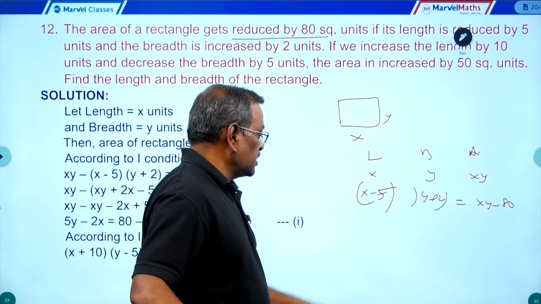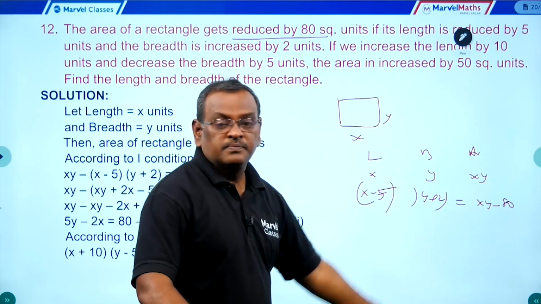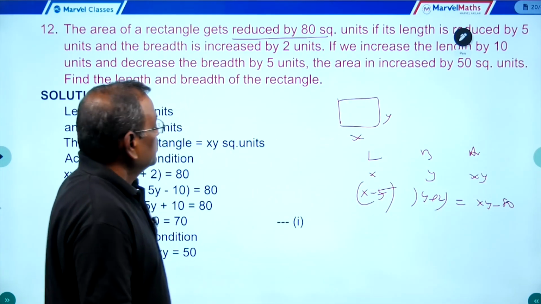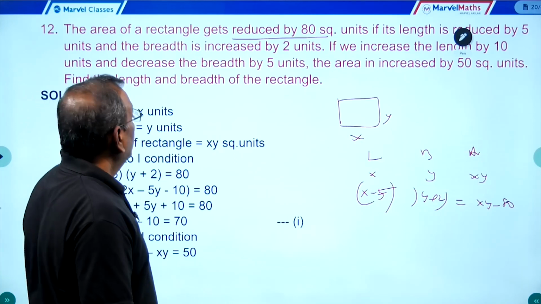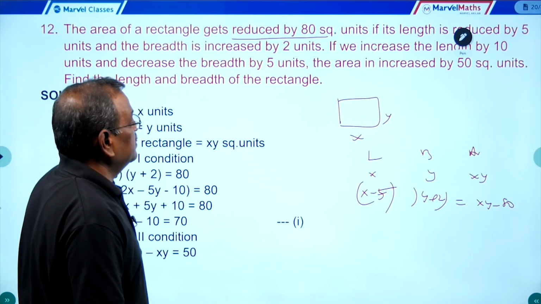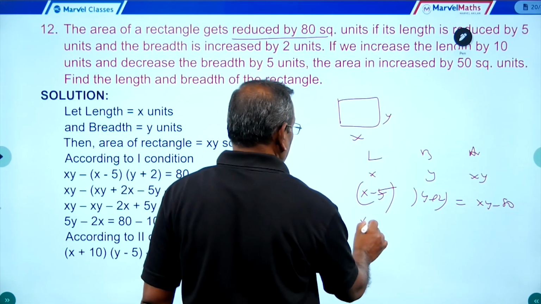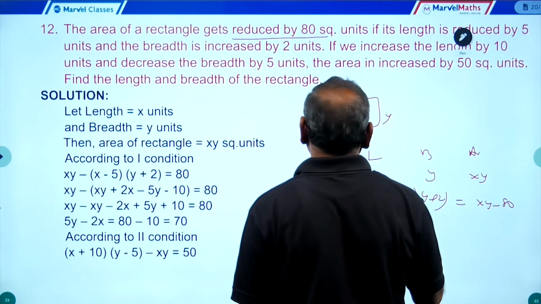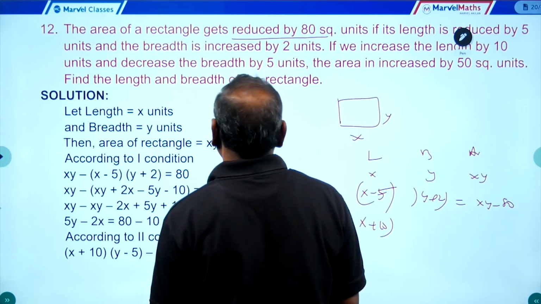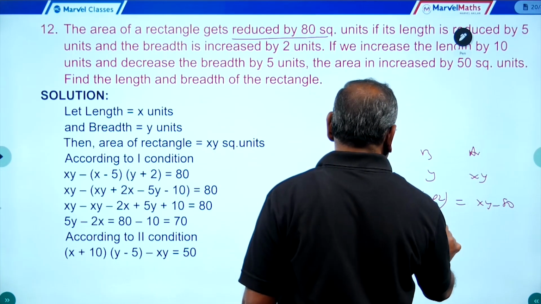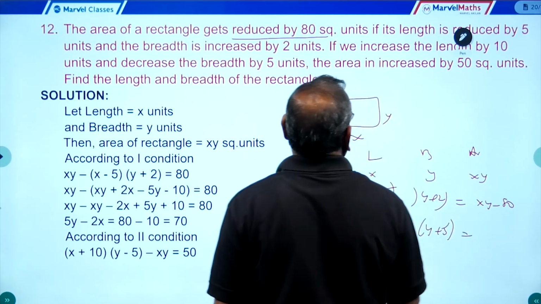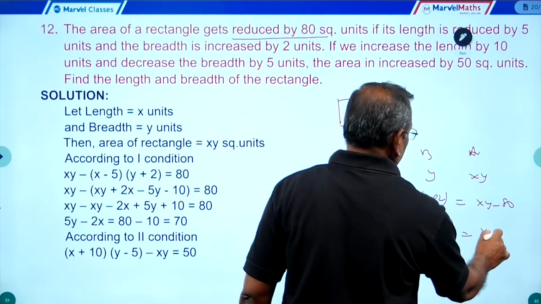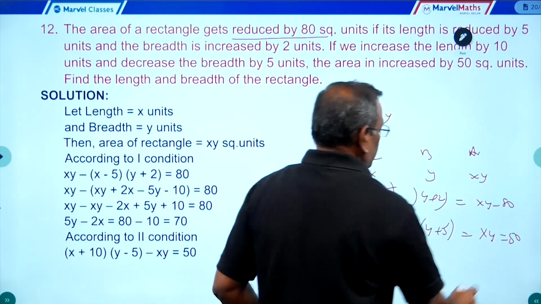Length is reduced and breadth is increased, and the area is reduced by 80. So xy minus 80. And the second case, if we increase length by 10 and breadth by 5, so y plus 5, the area is increased by 50 square units, xy plus 50.